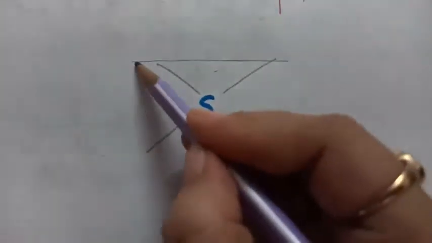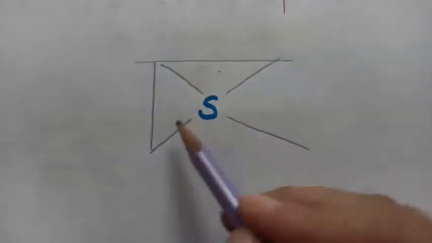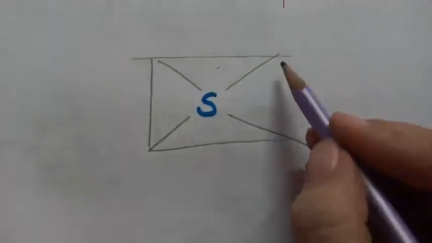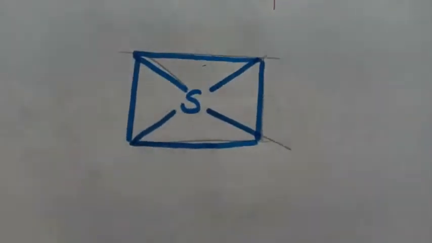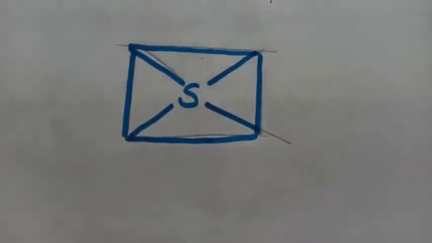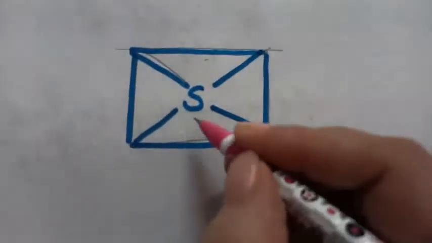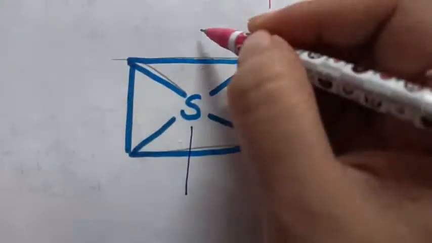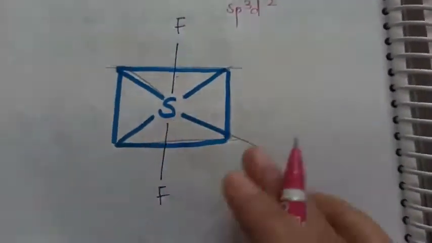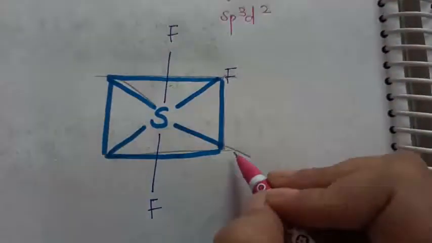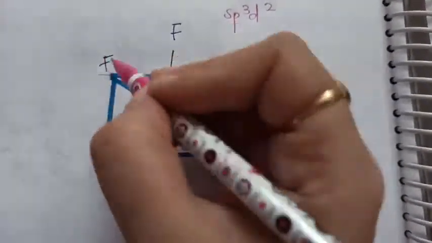Okay, all the bonds, all the lines which are going out, you can erase them. So 4 fluorine will occupy the corners of this rectangle and the rest 2 will come and join here. So this geometry is of SF6 and this is called as octahedral geometry.